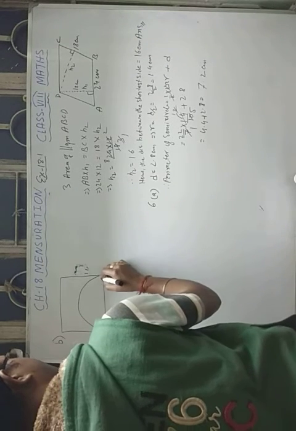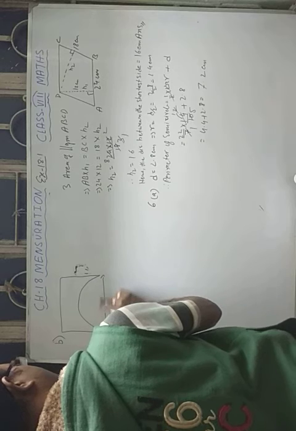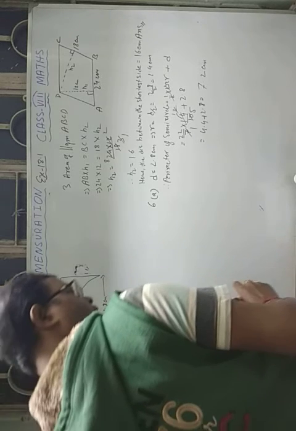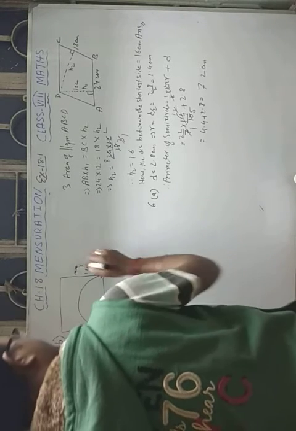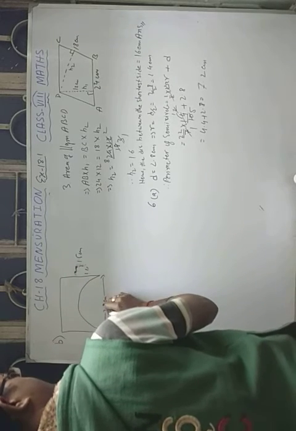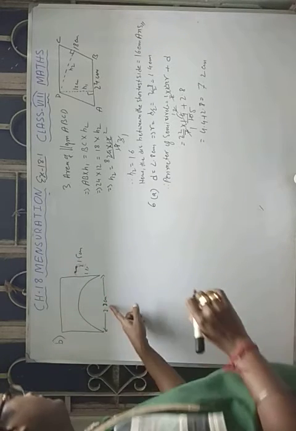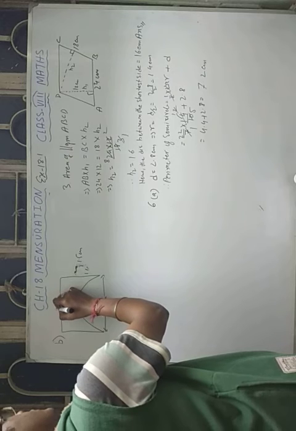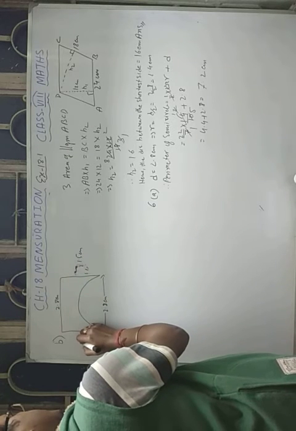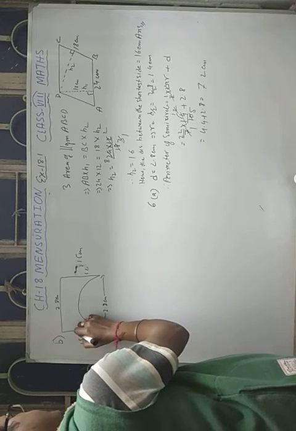From here to here it is given 2.8 centimeter, and the vertical portion is given 1.5 centimeter. That means if this is 2.8, here it is also 2.8 centimeter. If it is 1.5, then this portion is also 1.5 centimeter.